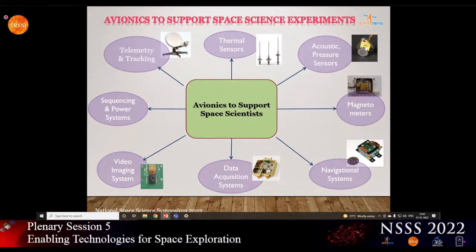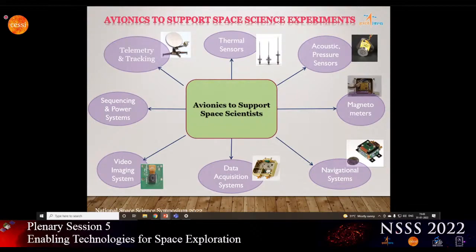Apart from this, magnetometers are also available, with which we can measure the magnetic fields around the Earth or in any other orbital missions. It has the capability to measure around 60,000 nanoteslas of magnetic field. We can easily measure it, and a wide variety of navigation systems are available with ISRO. Recently, we have developed NAVIC-based navigation sensors also.